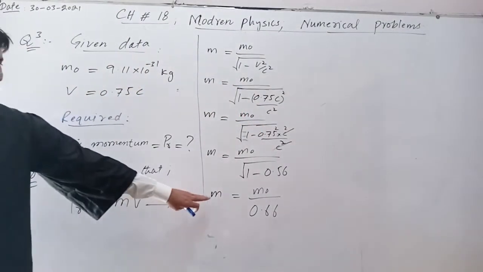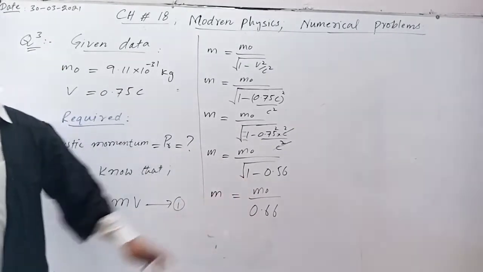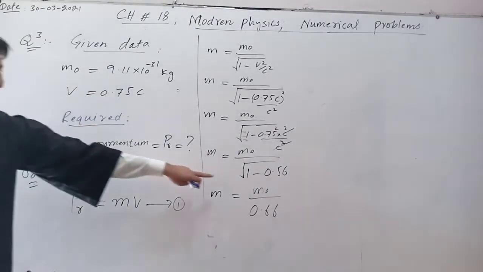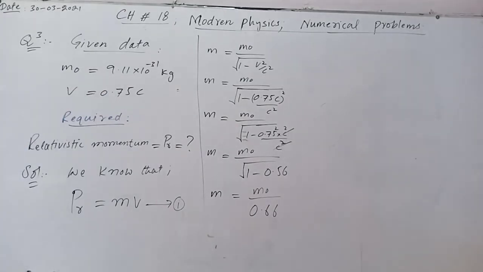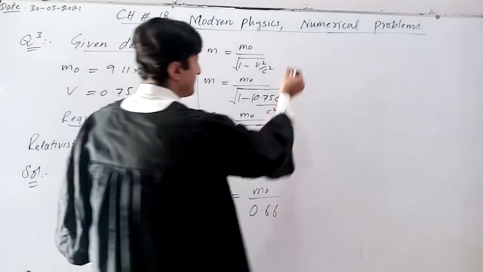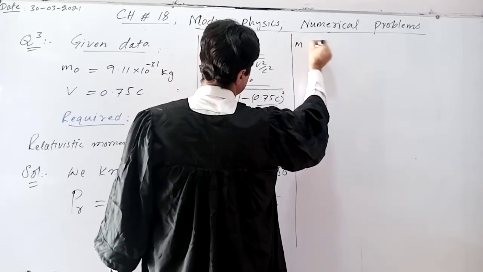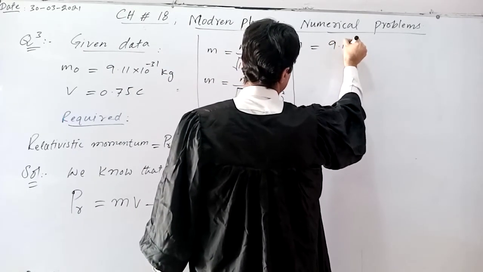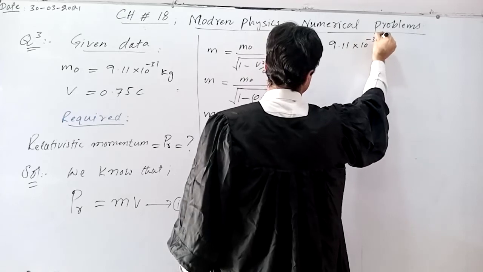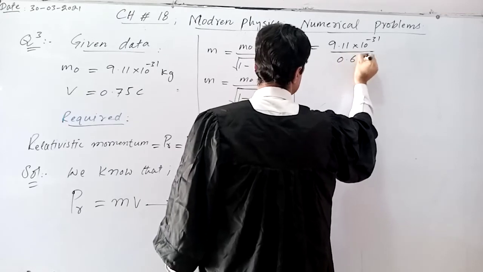Now it becomes very simple. We have to put the value of the proper mass m naught, which is 9.11 multiplied 10 power minus 31 kg. So putting this value in this equation, we get m equals 9.11 multiplied 10 power minus 31 kg divided by 0.66.